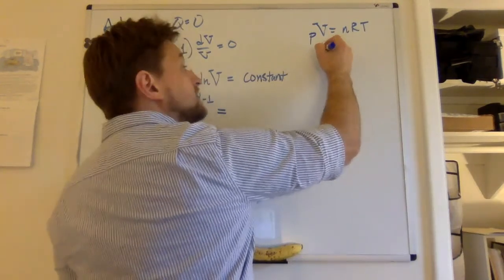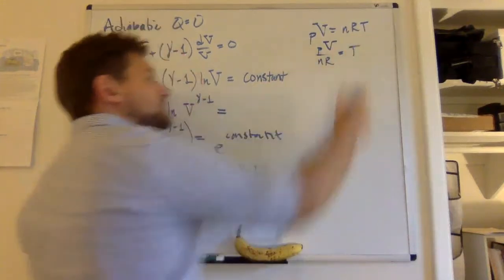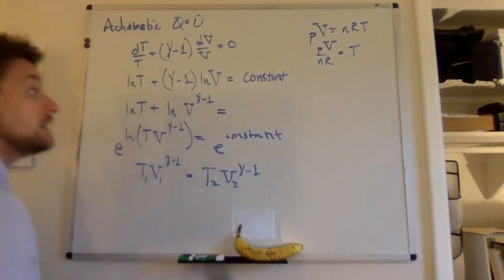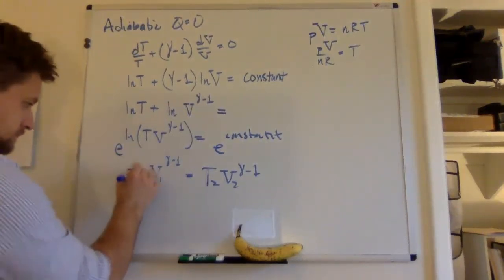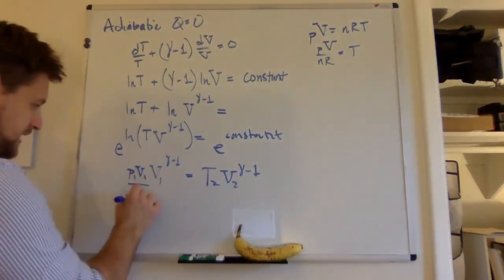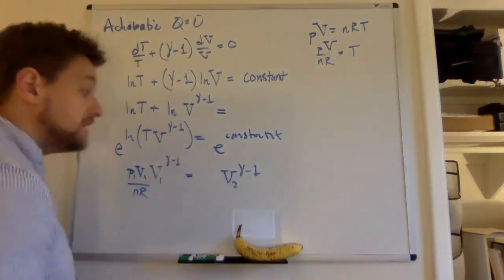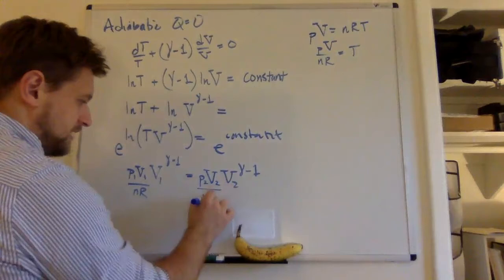If we solve for T, we've got P V over N R equals T. So this T1 gets us P1 V1 over NR, and this T2 gets us P2 V2 over NR.